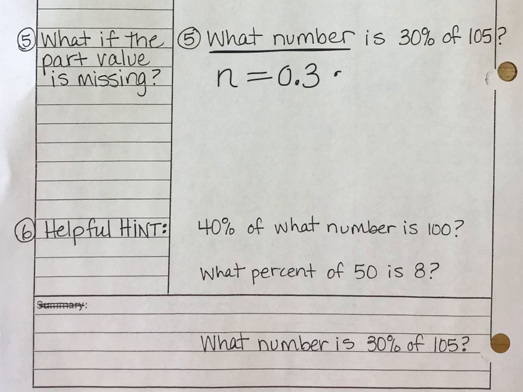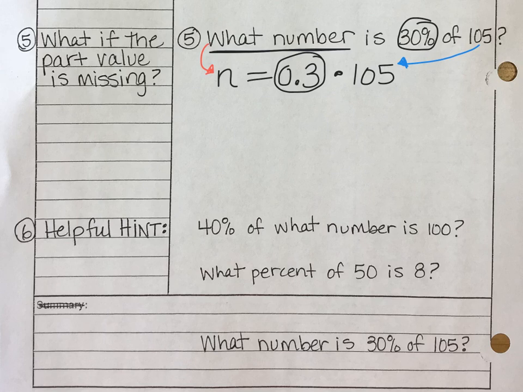and again I need to write that 30% in its decimal form, of 105. So you can see here that my part is the N, my whole is the 105, and my percent is in its decimal form.